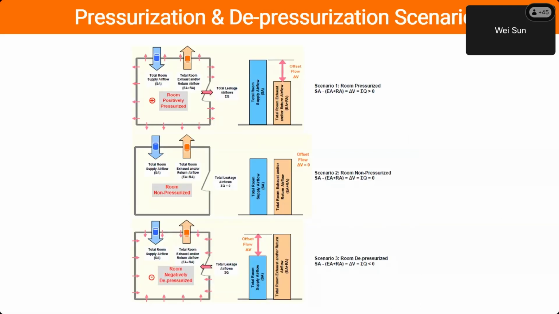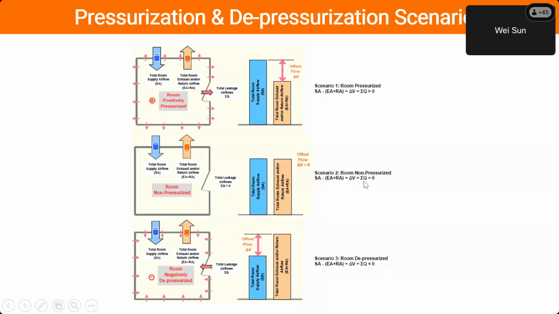And another information we included is the pressurization strategies. Let's say if you want to pressurize a room, this is supply air, this is return or exhaust air. You want to make sure the entering air, typically supply air, is more than the departing air, typically the return and exhaust air. So you have a positive offset. If you want neutral, where the pressure is similar to the surrounding, you want to make sure the incoming air is equivalent to the departing air.